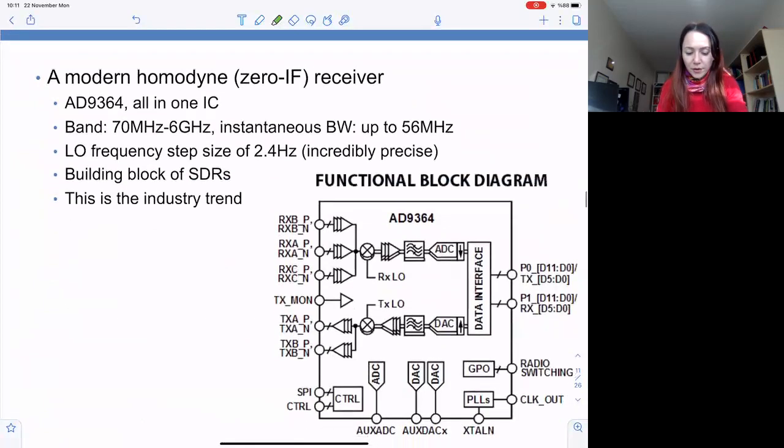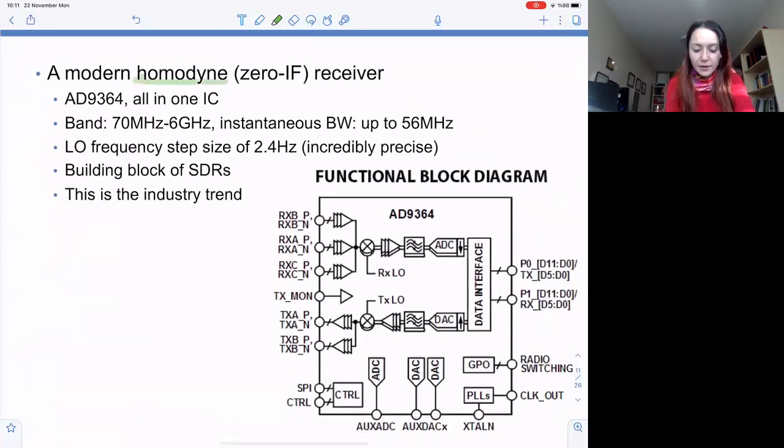So this is a modern heterodyne zero-IF receiver.